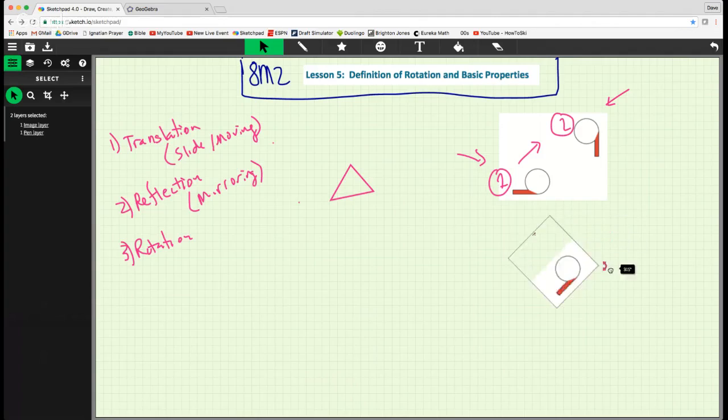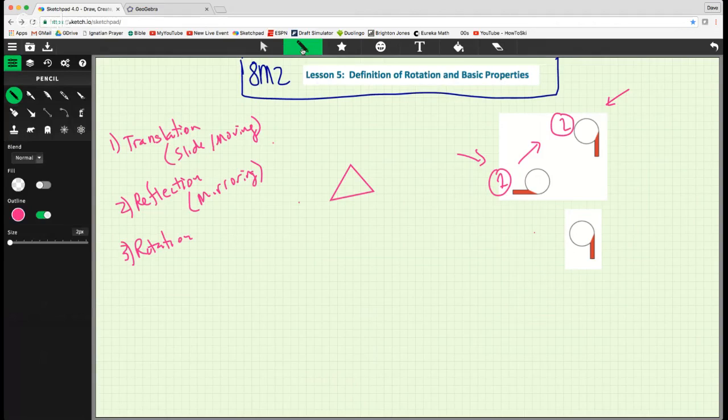So what we've done is we've taken this object and we're just going to twist it up like this, and we're going to get our answer. And so when we've moved this whistle, we've transformed it using rotation.